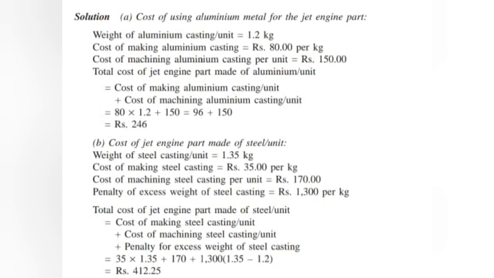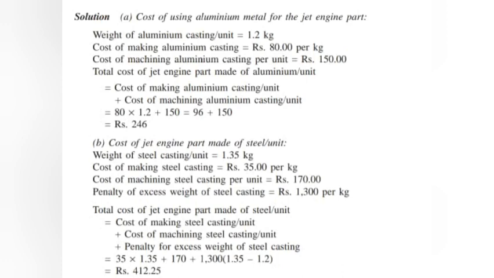So the total cost of a jet engine part made of aluminum per unit and the cost of a jet engine part made of steel per unit. For aluminum, we have the cost of making the aluminum cast per unit plus the cost of machining the aluminum cast per unit.